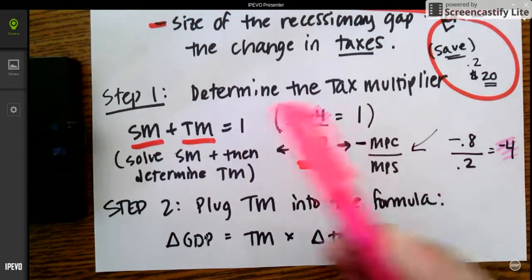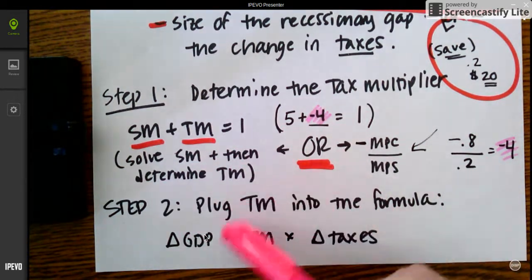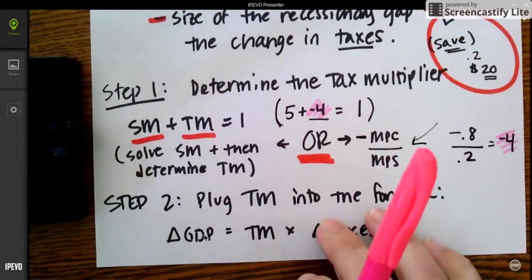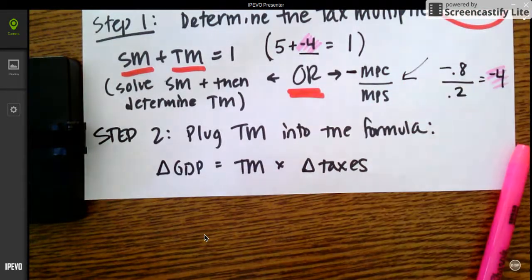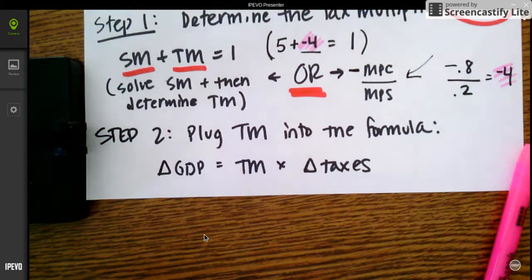Okay, so then what? You're going to plug that -4 into this change in GDP. Okay, so let's say the change in GDP was $200 billion.